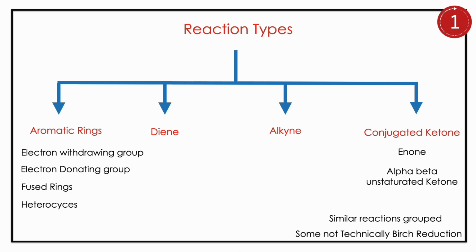The four types: aromatic ring with electron withdrawing group, electron donating group, fused rings, and heterocycles. Then dienes will also react, so diene with the reagent. Then alkyne, which has a triple bond. Then conjugated ketone, which you can call an enone or alpha, beta unsaturated ketone. We will see everything one by one individually for better understanding.